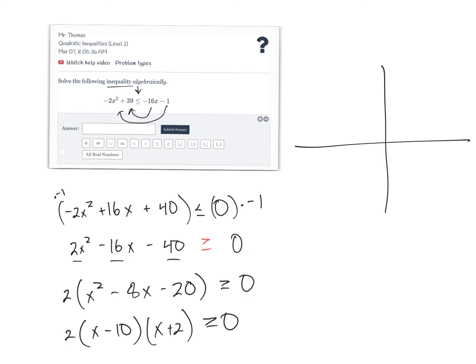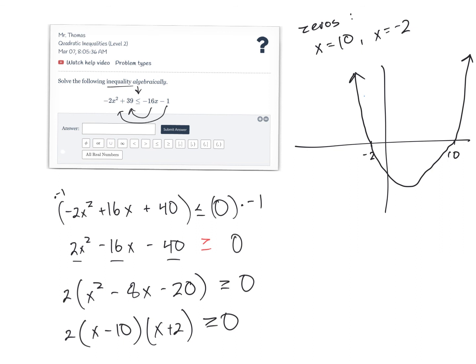And honestly, the 2 doesn't affect anything. The zeros are from the factorization, and we see that they're -2 and 10. So we'll put a -2 right here, a 10 right here, and it's a u, okay?